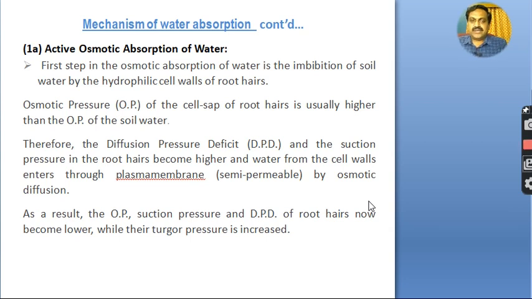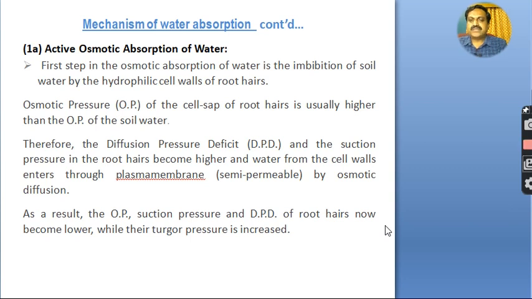Let us consider active osmotic absorption of water. Here, the osmotic absorption of water is the imbibition of soil water by the hydrophilic cell walls of the root hairs. The root hair cell wall always shows a tendency towards water, hence it is referred to as hydrophilic.